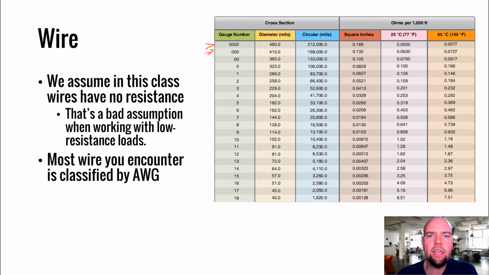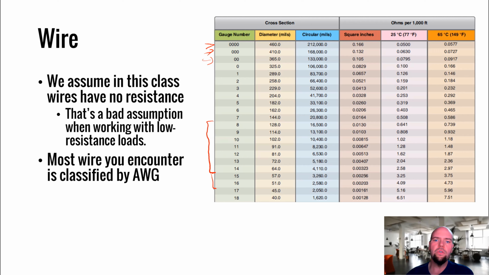3/0 gauge, 2/0. 2/0 gauge is where you might encounter actual wire. That's a little more common, but it's still a very big wire. Your house is going to be wired with wires that are around here, maybe down to here.